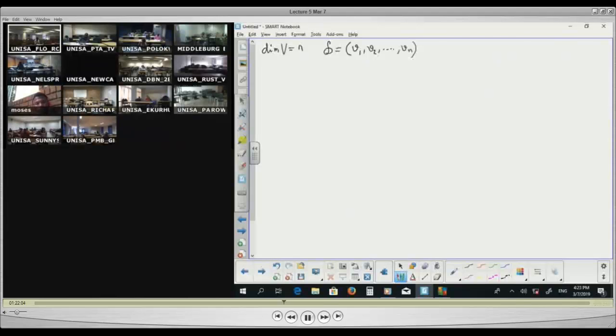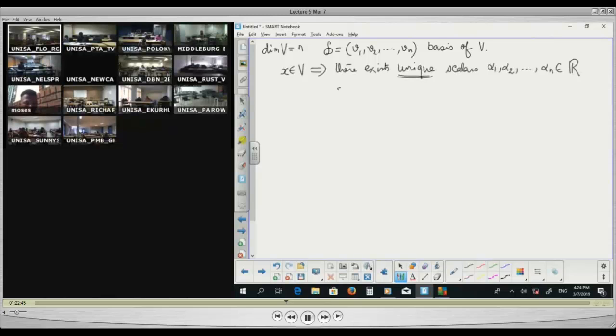So for any x, there exist unique scalars such that x is a linear combination of v1, v2, ..., vn, and this uniqueness comes exactly from the fact that v1, v2, ..., vn is a basis. Clear? So we have unique scalars.